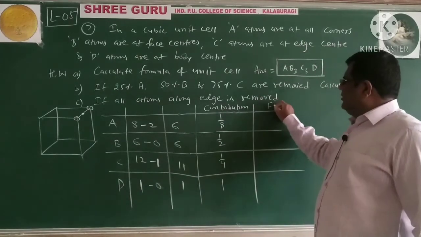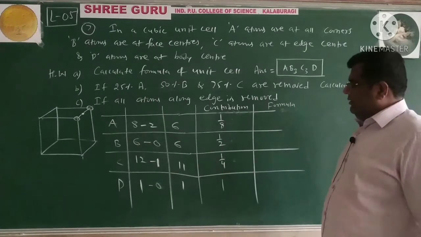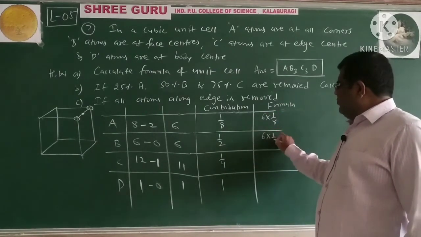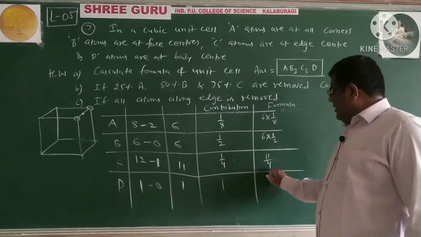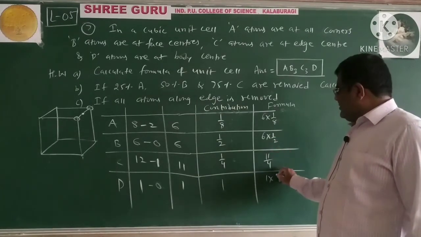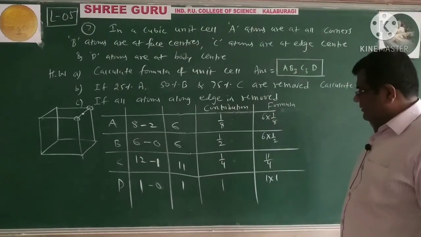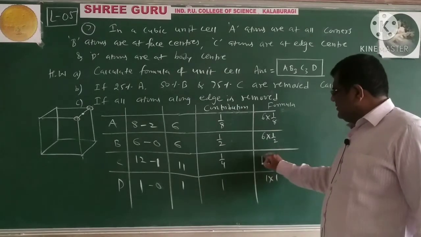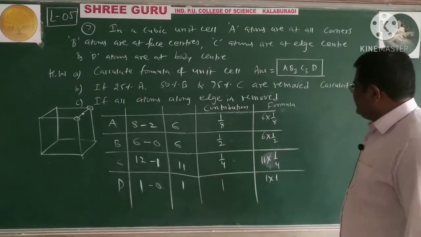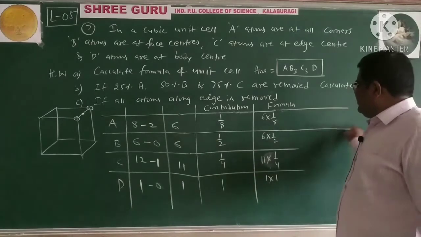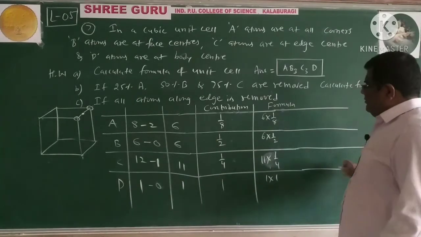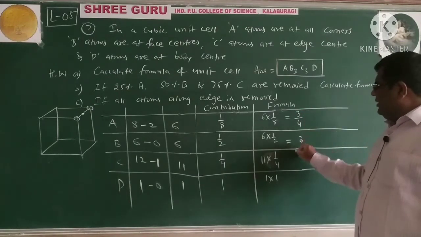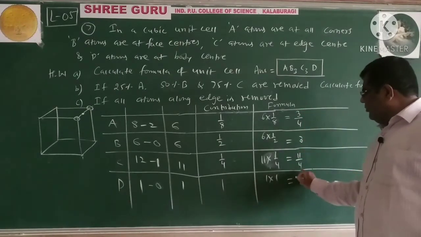So in the formula, 6 into 1 by 8, 6 into 1 by 2, 11 by 4, and this is 1 by 1. This we can write as 11 into 1 by 4, because that's how we have written it. So this is nothing but, again, 3 by 4, 3, 11 by 4 and 1.